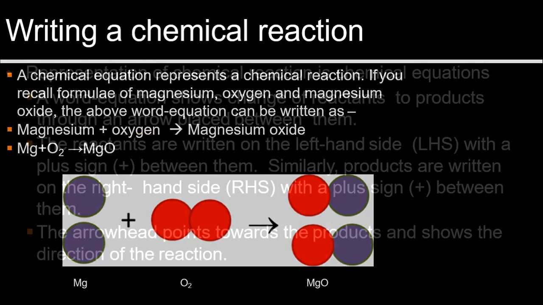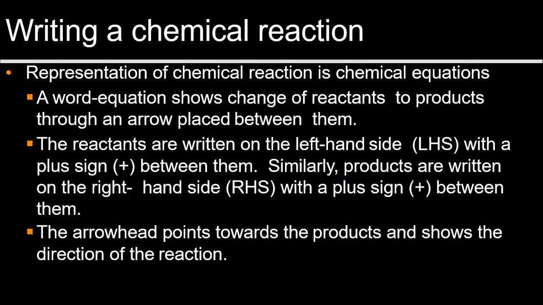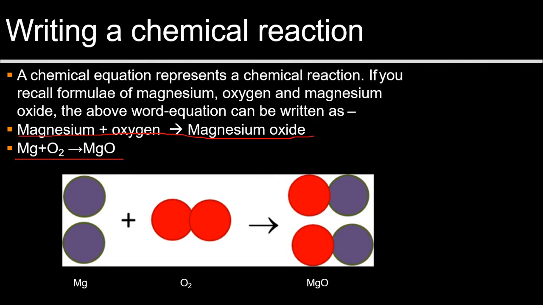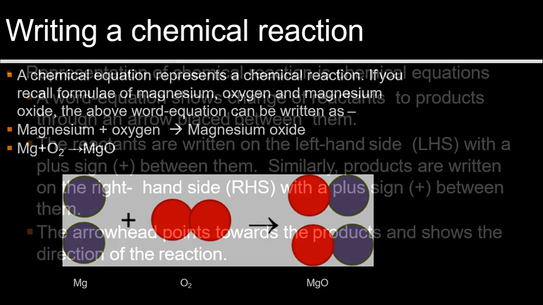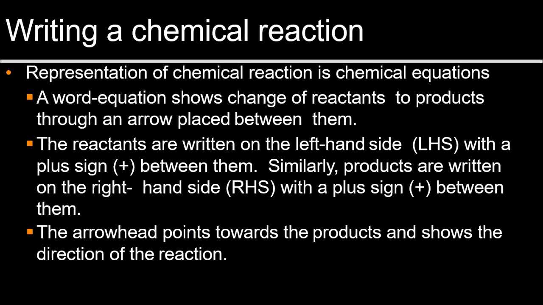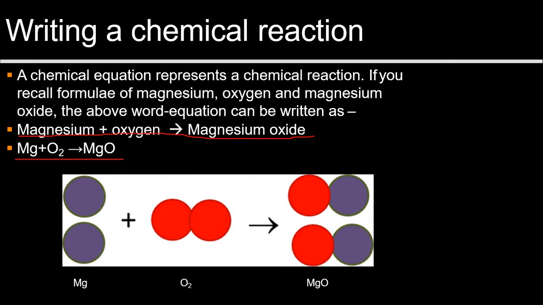This is called a word equation. Always write reactants on the left-hand side and products on the right-hand side. If there is more than one reactant or product, we use the plus symbol. The arrow points towards the product and shows the direction of the reaction. So magnesium and oxygen are converted into magnesium oxide.